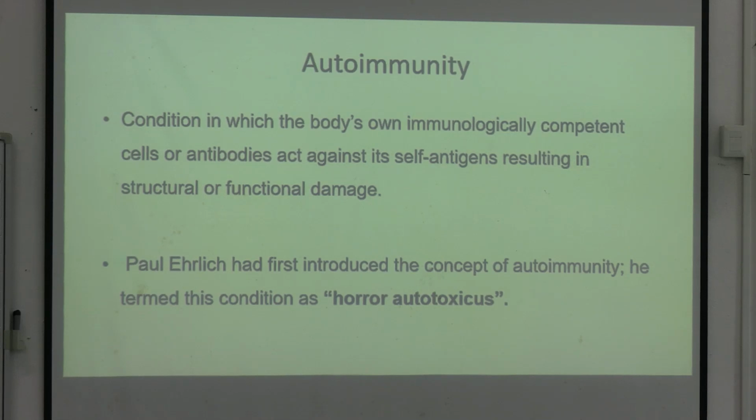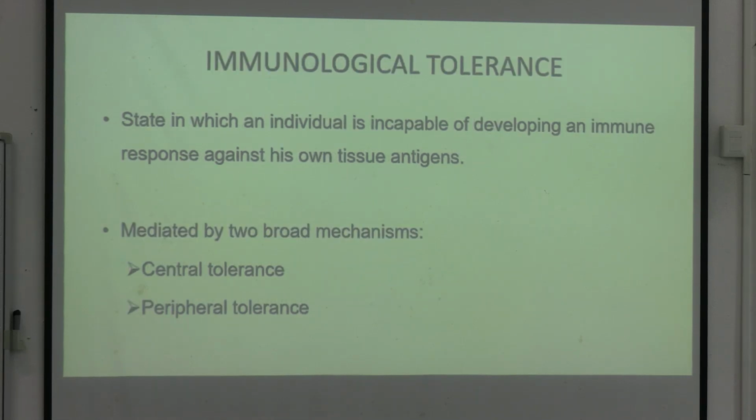One of the earlier concepts was given by Paul Ehrlich, but let us consider the fact that this immune system has developed or evolved along with human beings. That means in a normal situation there must be a mechanism by which the immune system can differentiate what is self and what is non-self.